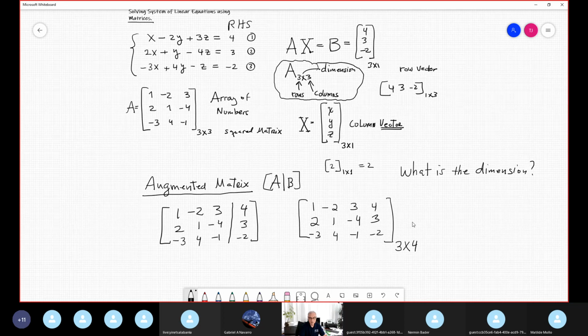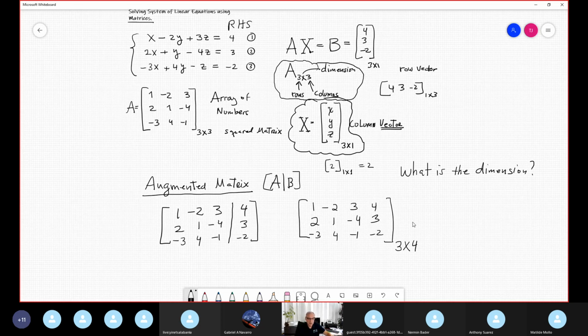Professor, one question. Come on, I hear one question. Professor, the X is only for the dimension in the AX? You say this? Okay, this is confusing for you.